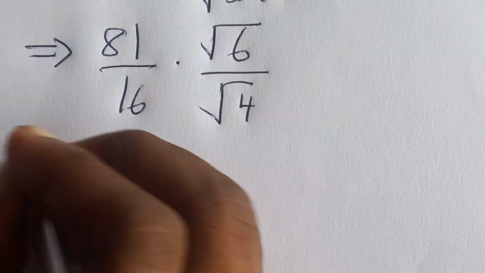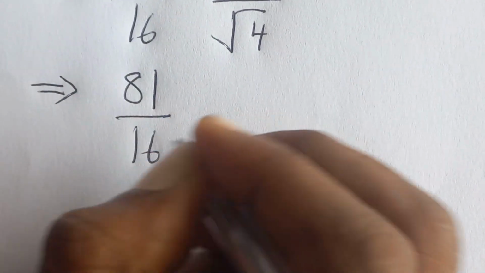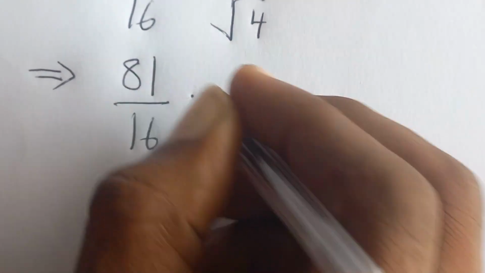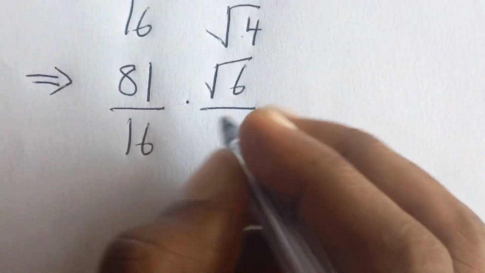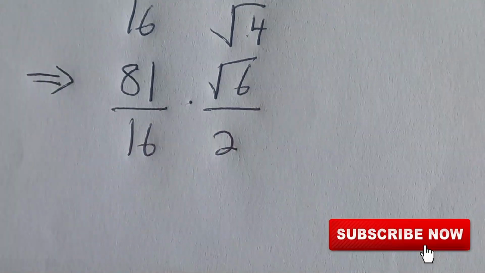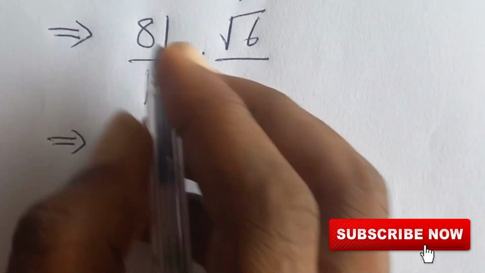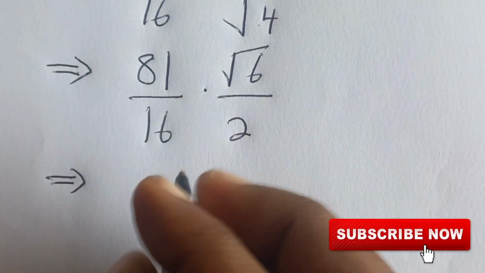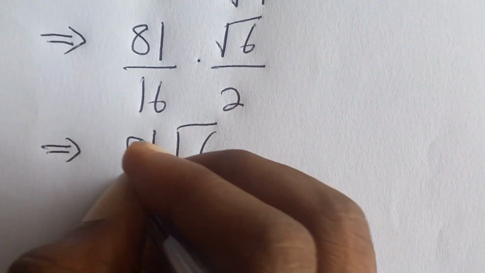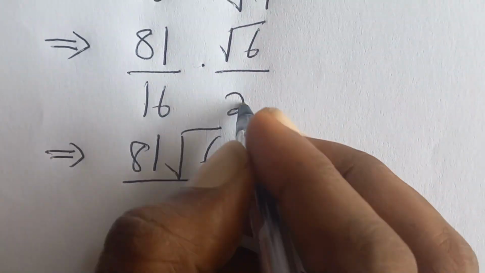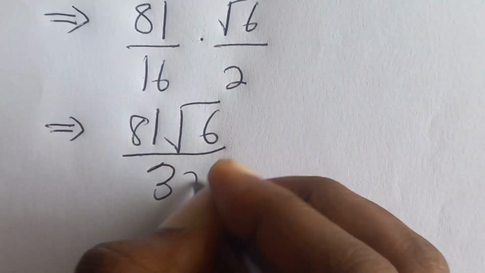Okay, so 81 over 16 multiplied by, this one will be square root of 6 over 2. Okay, now 81 times square root of 6 is 81 square root of 6 over, now 16 times 2 is 32.